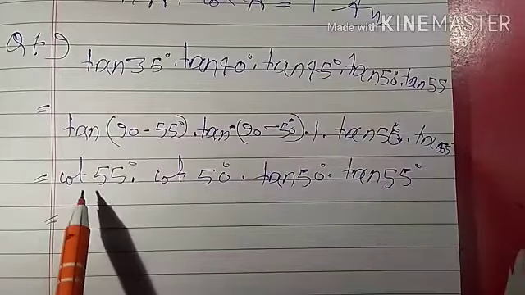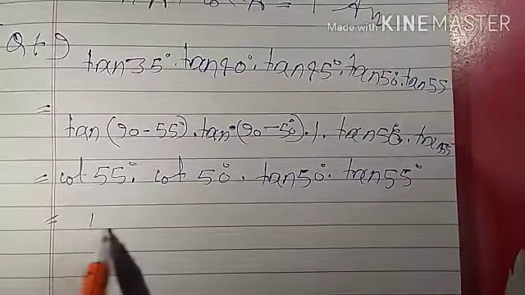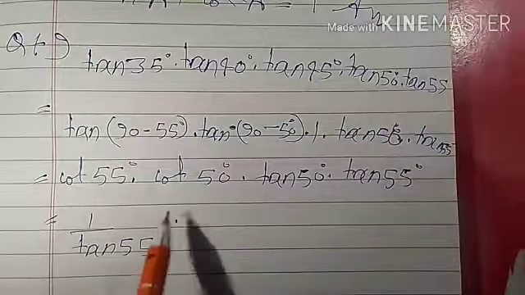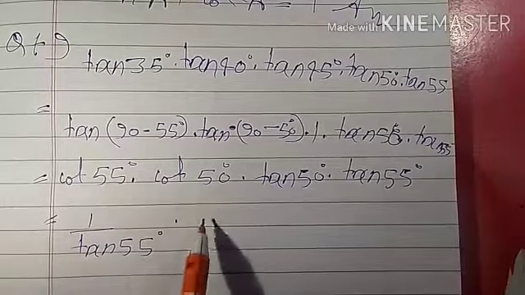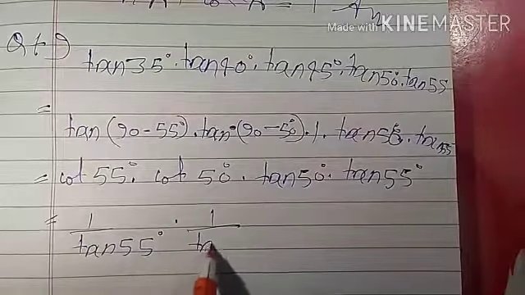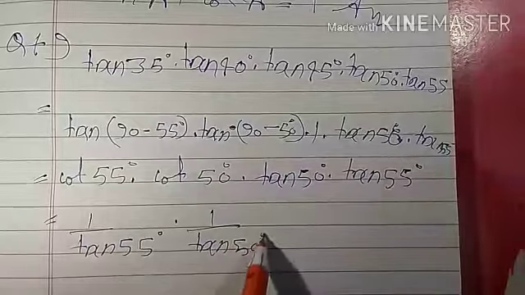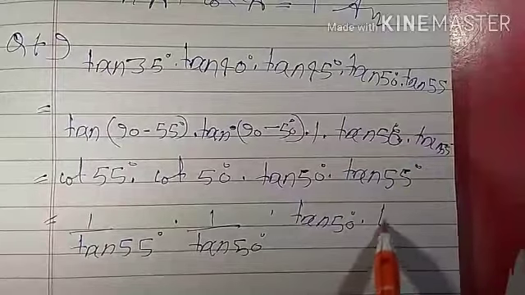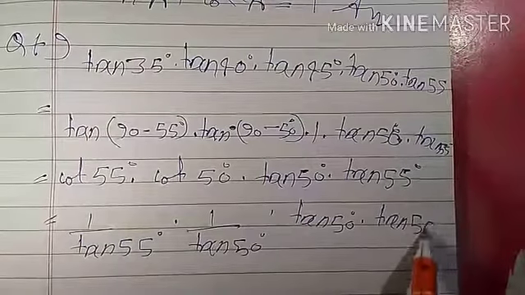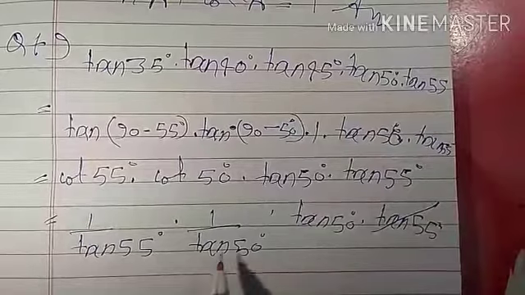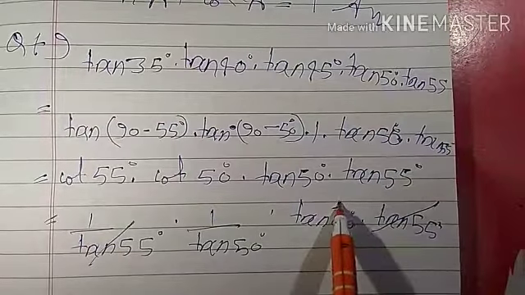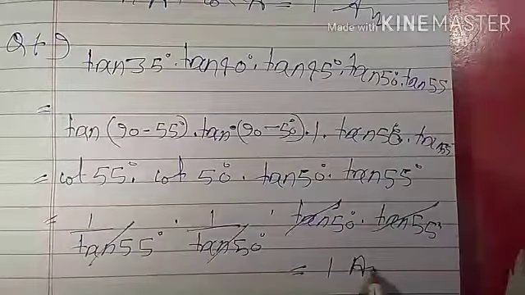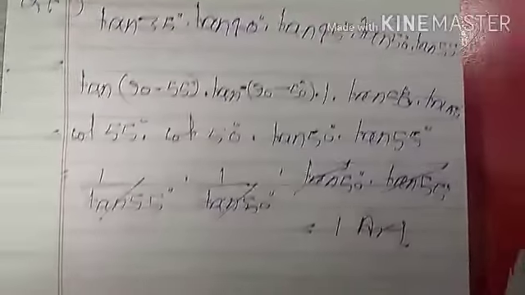So we can write cot 55 degree is equal to 1 by tan 55 degree, into cot 50 degree is equal to 1 by tan 50 degree, into tan 50 degree into tan 55 degree. So tan 55 degree cancels out and tan 50 degree cancels out. So directly 1 is the answer.